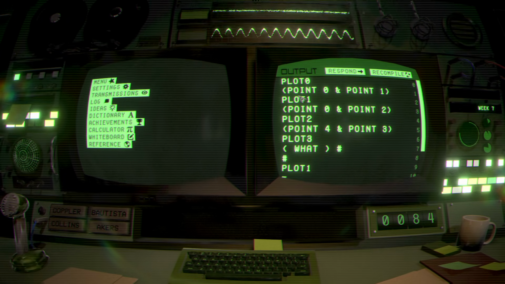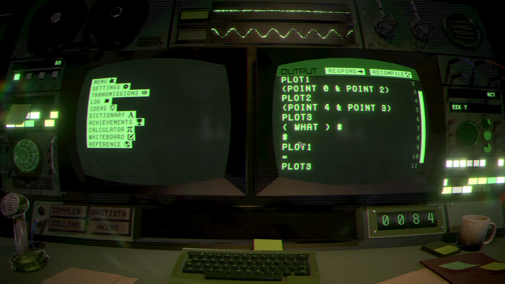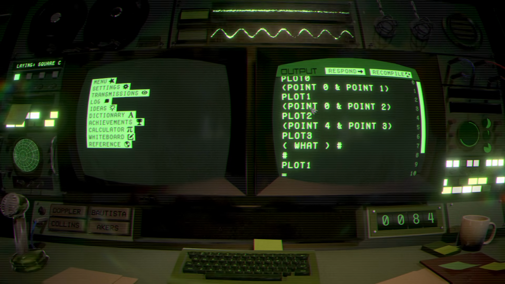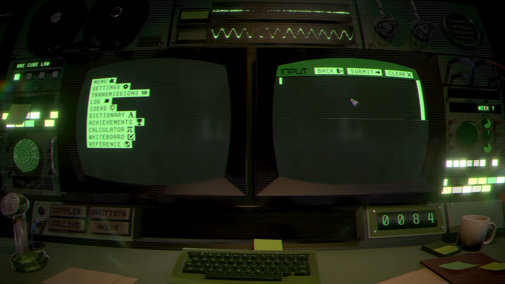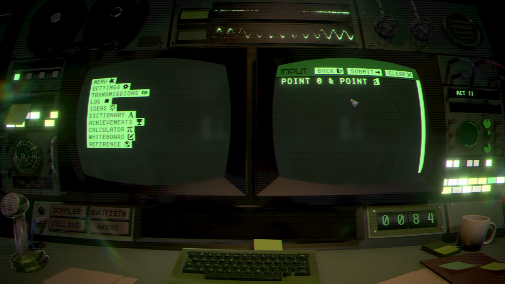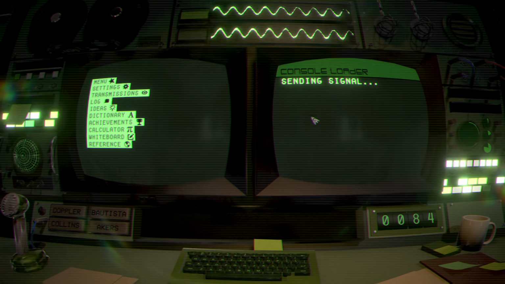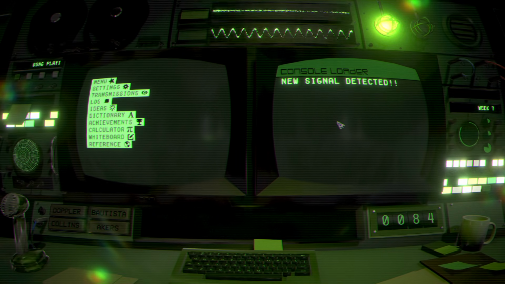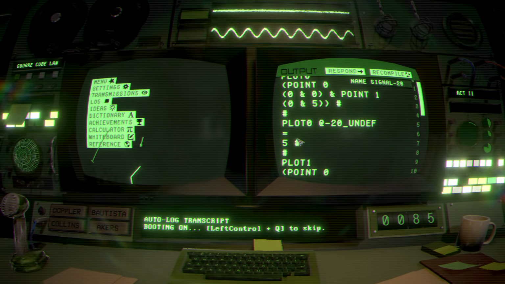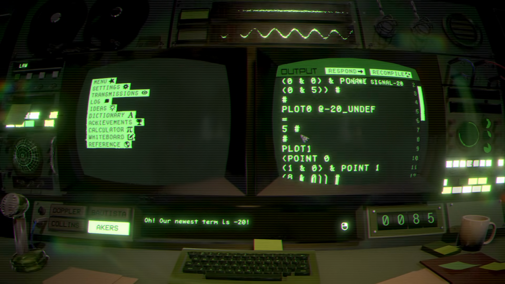Let's just leave it as it is and keep going. The plot 1 equals plot 3. So this is point 0 and point 2. It's correct, but I don't love my own naming scheme here.